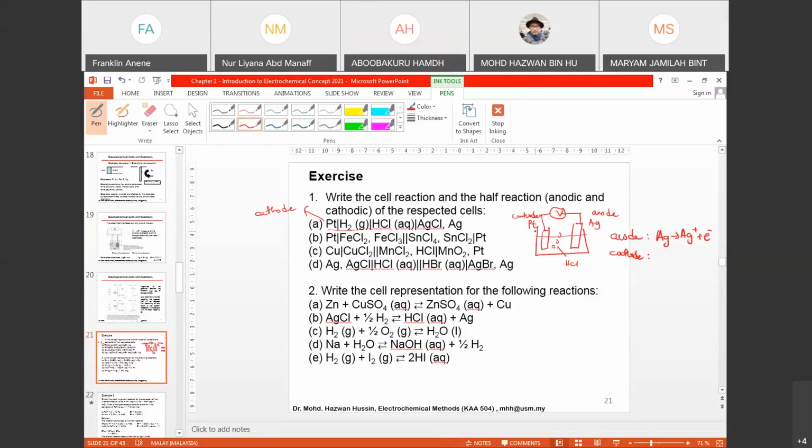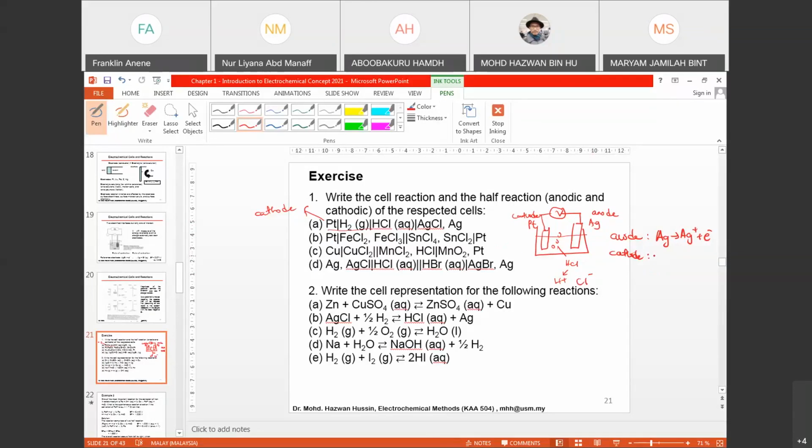It is not on platinum because platinum is an inert electrode. The cathodic process is the formation of H2 from HCl, because HCl can dissociate into H plus and Cl minus.